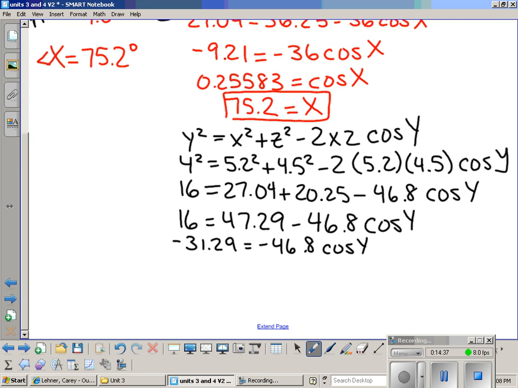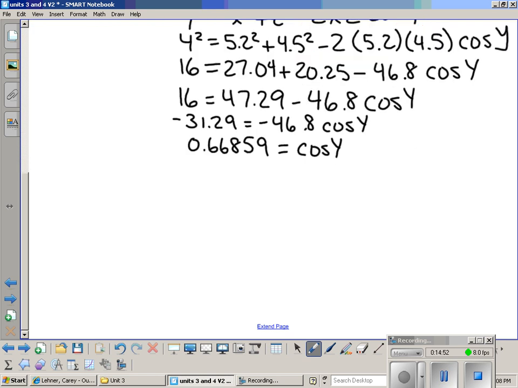Divide both sides now by negative 46.8. And you will end up with 0.66859 equals cos y. Remember to do second function cos and then your value, and you will end up with 48.0 equals y.